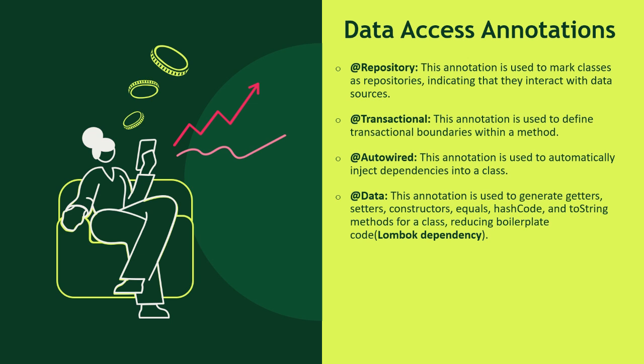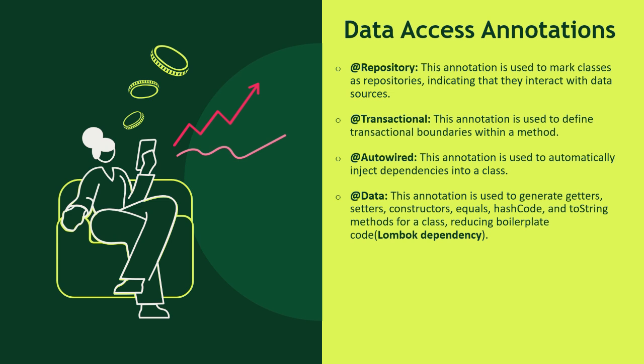Next, @Autowired. This is a basic annotation which will automatically try to inject dependencies into a class. If you have heard of dynamic polymorphism, this makes use of that. Let's say you have an interface and there is a class which implements it.